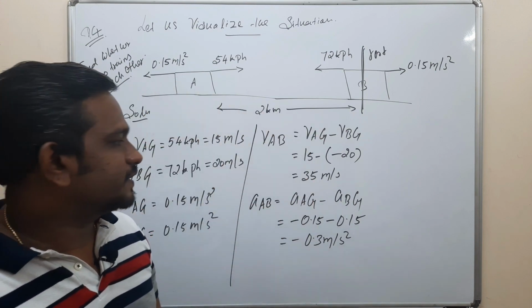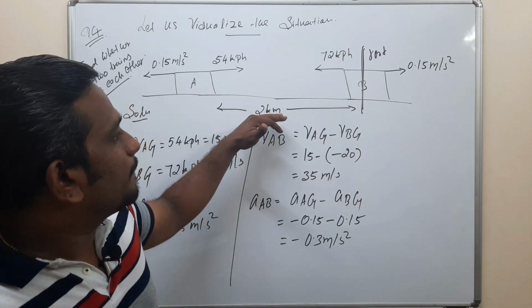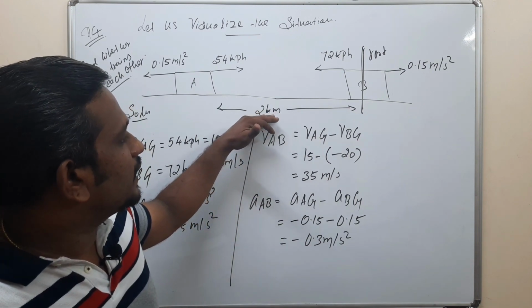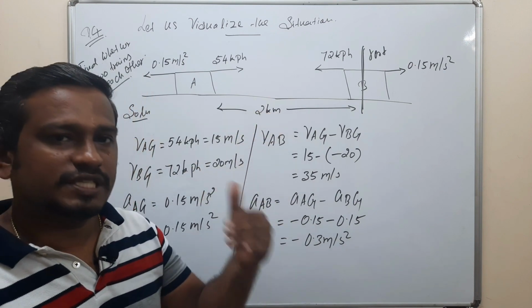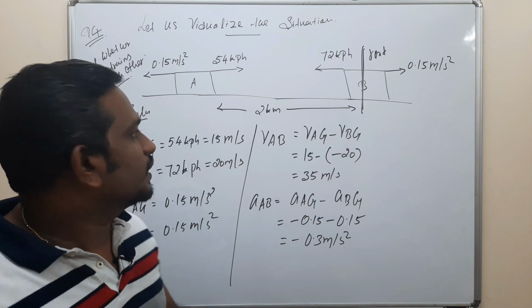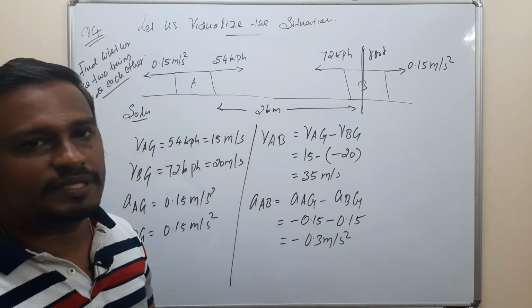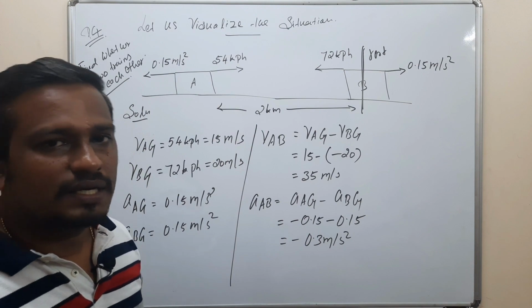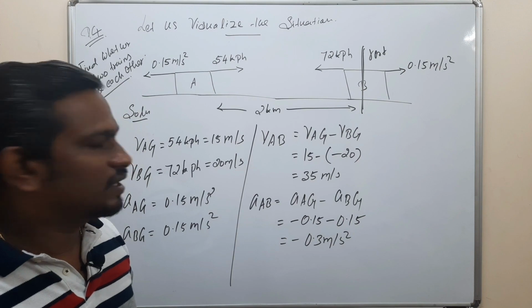If that distance is greater than or equal to this 2 kilometer, it means a collision happens, an accident happens. If that stopping distance is less than this distance, 2 kilometer, then we can avoid the accident or collision. Do you understand that?